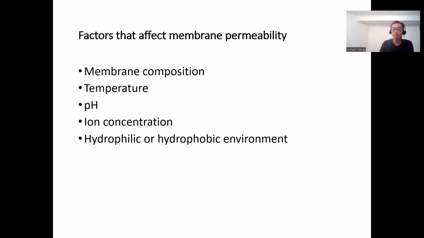The amount of proteins that are in the membrane will also affect the permeability. More proteins will give it more structural support, right? And it will lower the membrane permeability, for example. So there are other factors that would affect permeability, right? Temperature, pH, ionic concentration, right? What kind of environment they're in.